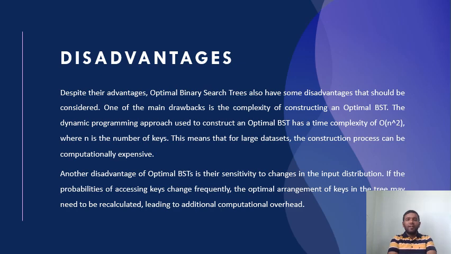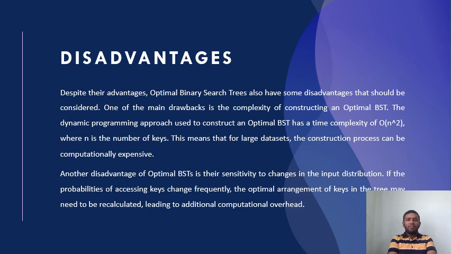One of the main drawbacks is the complexity of constructing an optimal binary search tree. The dynamic programming approach used to construct an optimal BST has a time complexity of O, where n is the number of keys. This means that for large data sets, the construction process can be computationally expensive.